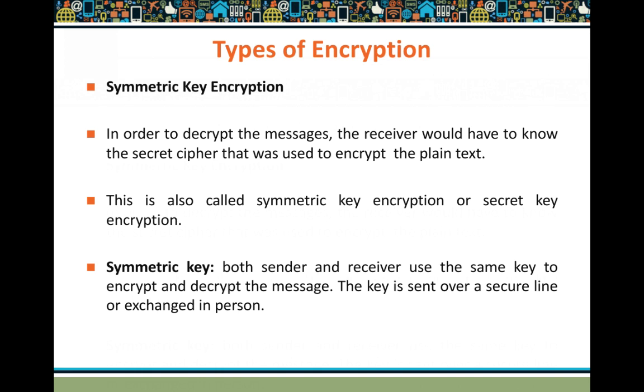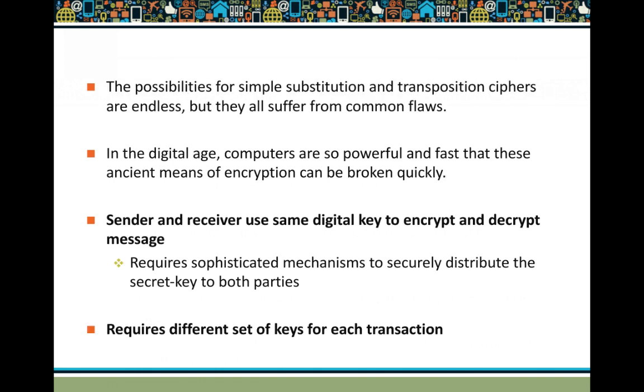Before the actual data can travel through the communication medium in encrypted form, the key has to be transmitted first. Unless the receiver has the key, he won't be able to decrypt the message. So the key is either sent through a very secure channel, or else exchanged in person.